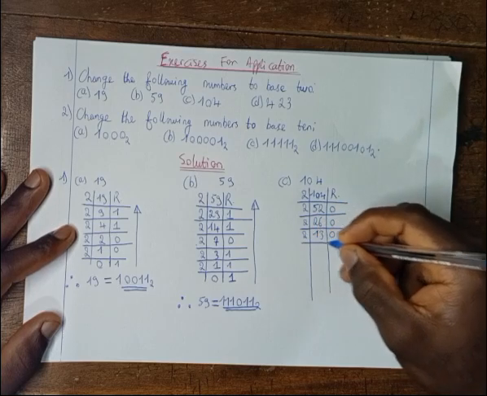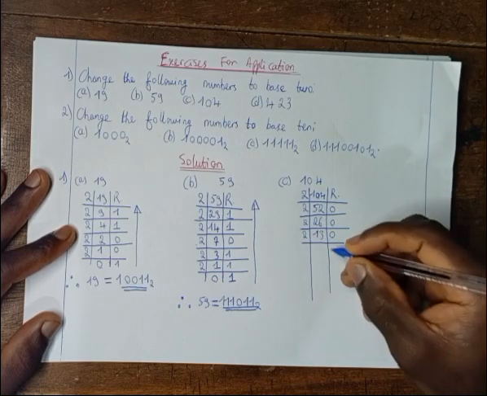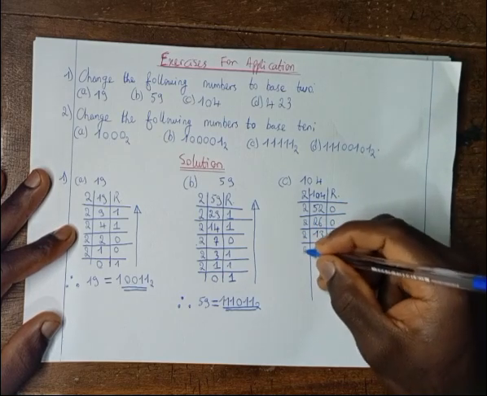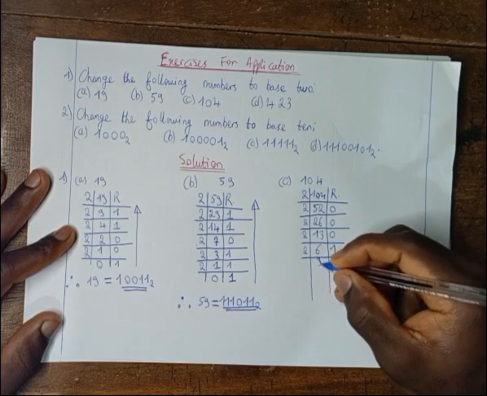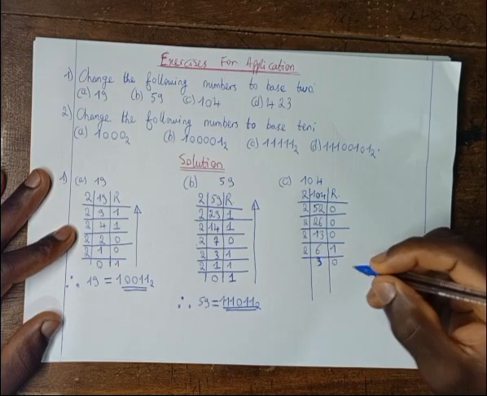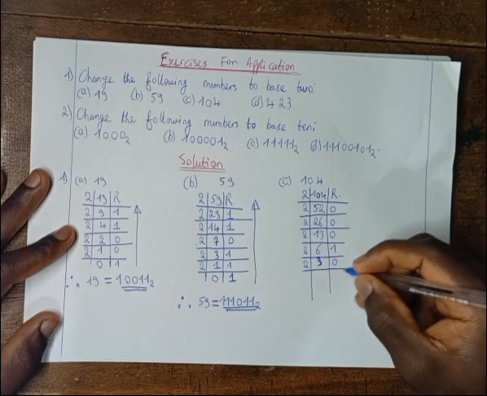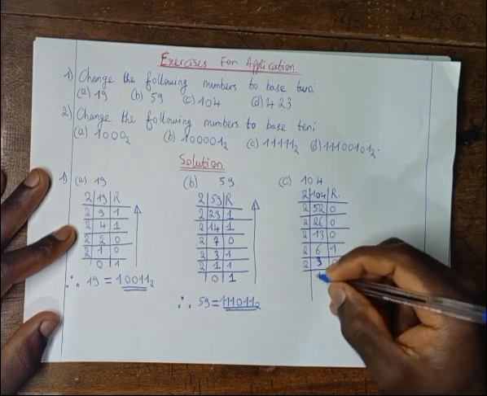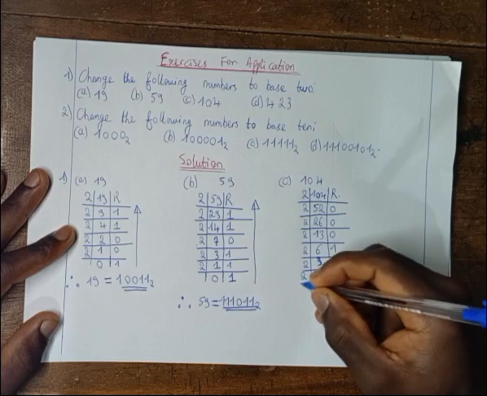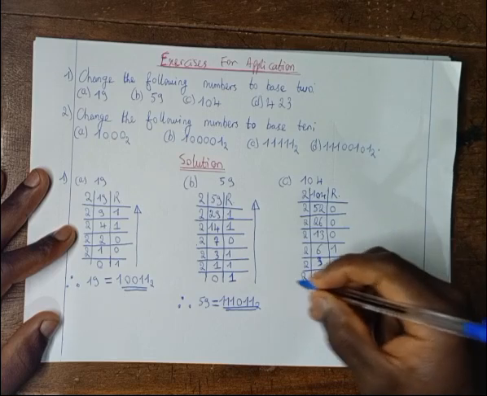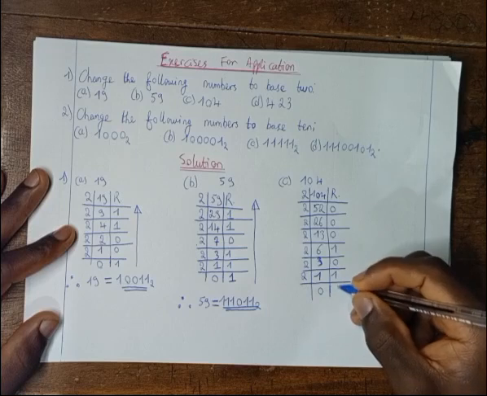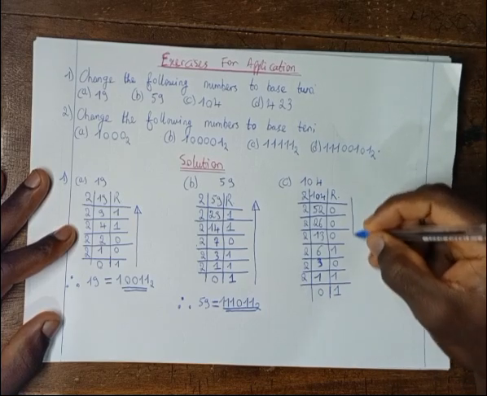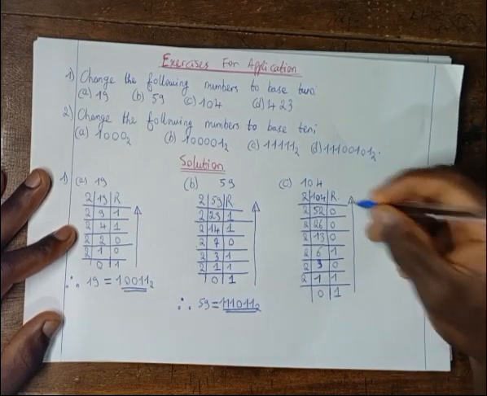We bring down 2. 13 divided by 2 gives us 6, remainder 1. We bring down 2. 6 divided by 2 gives us 3, remainder 0. We bring down 2. 3 divided by 2 gives us 1, remainder 1. We bring down 2. 1 divided by 2 gives us the whole number part of 0, the remainder of 1. We copy from bottom to top.